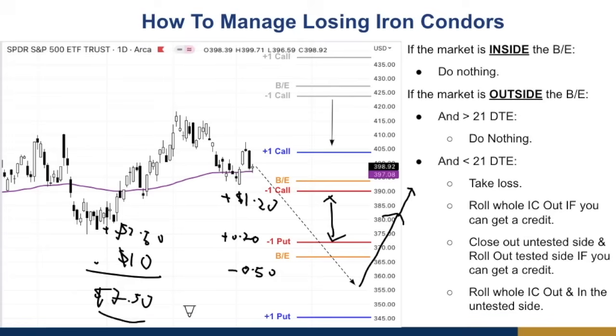But if you were to roll all this, you get 70 cents in credit, or let's say, for example, you get $1.50 in credit, right? Then guess what? You're going to reduce this maximum loss from $7.50 to $6, if you get $1.50 in credit. So now your maximum loss is only $6 instead of $7.50, and you still can get a profit if the market really stays within this zone close to expiration, right?